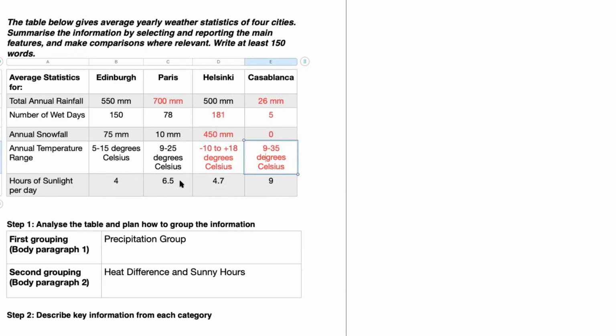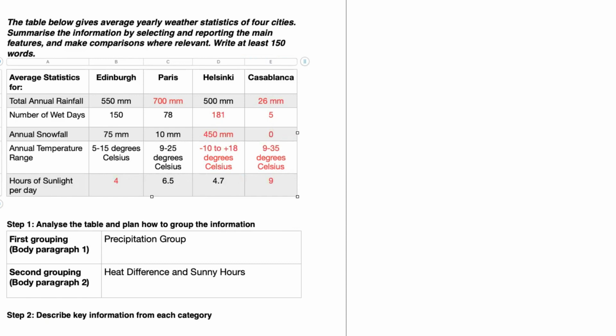Paris only goes to 25 degrees Celsius, so I would hit Casablanca as the highest here. And then the hours of sunlight per day, we've got the lowest, strangely enough, in Edinburgh, and then the highest in Casablanca. Now, again, like I said, you're going to see that there is this overall trend with Casablanca and that it is one of the most extreme out of all the cities in some way or another.